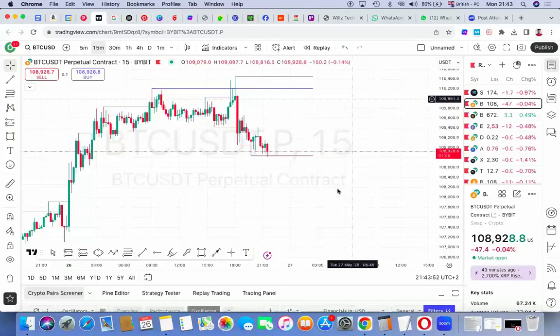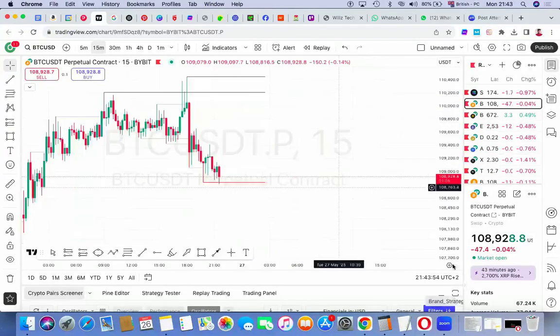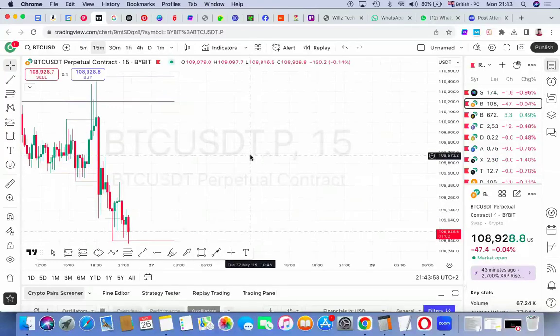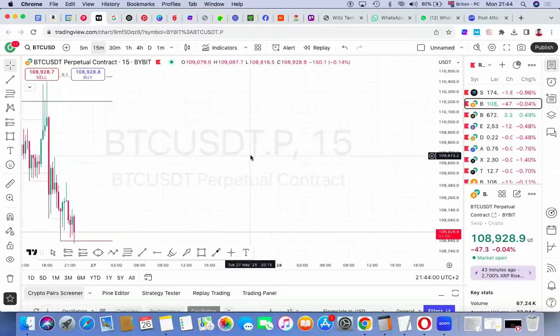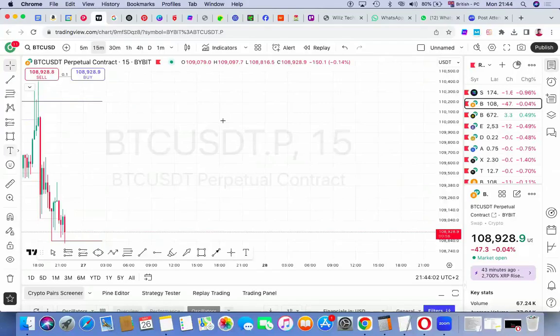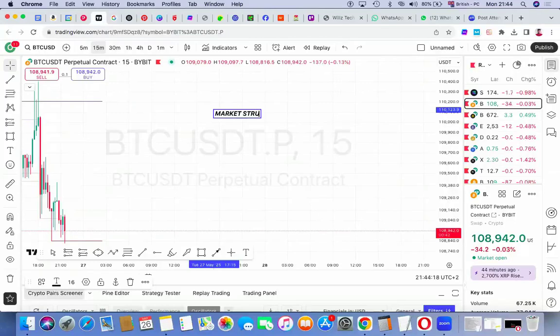Like I said, our topic for today is market structure. So we have market structure as our main topic.